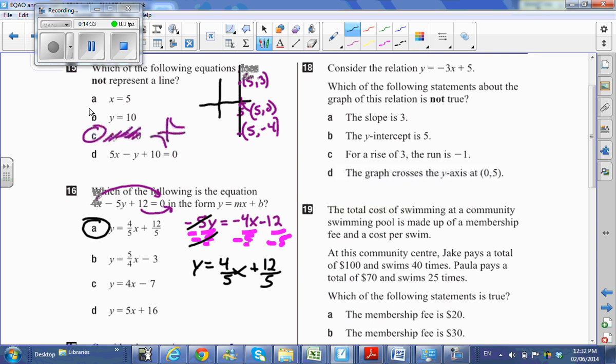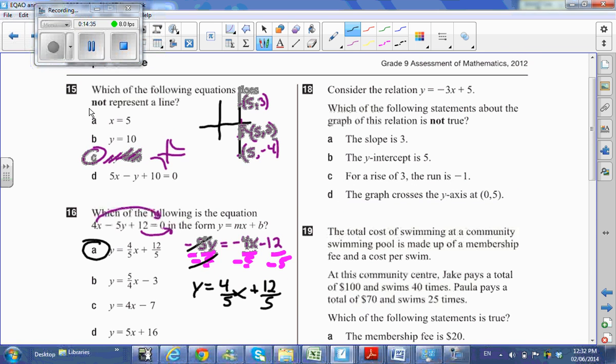18. Which of the following again is not true? Okay, so we were given an equation in this form y equals mx plus b, so we know the slope is 3, or negative 3, sorry, and the y-intercept is 5. Okay, so slope is 3 is actually, that first one's actually incorrect. Let's double check with the other ones. Y-intercept is 5, yes, that's good. The rise is 3 and the run is -1.